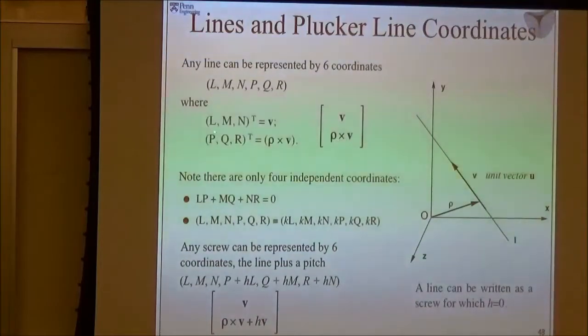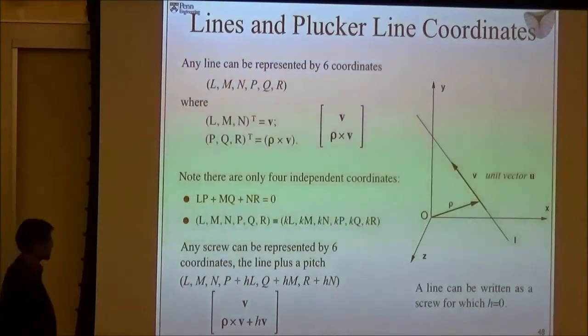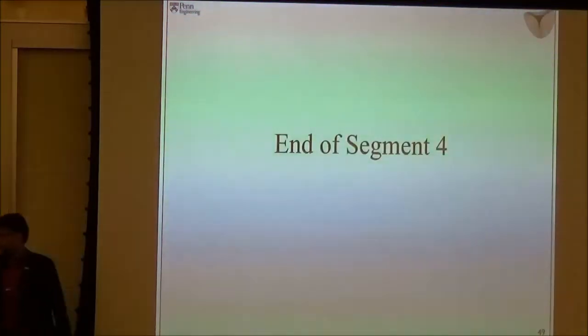So in addition to this identity, you also have to rethink how the second identity is formed because you have this additional element. So v dotted with rho cross v is equal to 0, but v dotted with rho cross v plus hv is not 0 because you have this additional h times v. Okay.